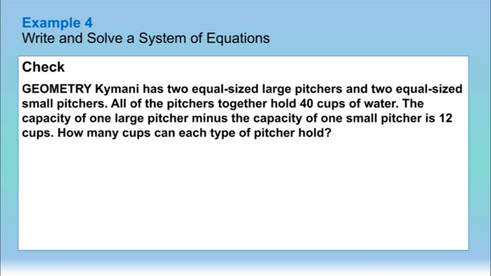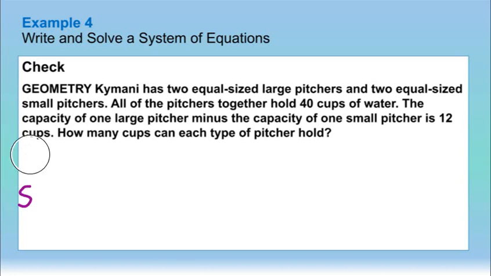Money has two equal size large pitchers and two equal size small pitchers. All of the pitchers together hold 40 cups of water. The capacity of one large pitcher minus the capacity of one small pitcher is 12 cups. How many cups can each type of pitcher hold? So I'm going to use large and small.